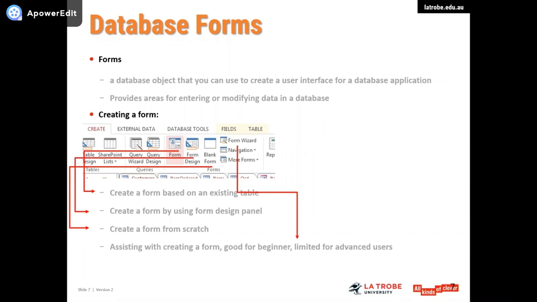A bound form is directly connected to a data source, such as a table or query, and can be used to enter, edit, or display the data from that data source. Alternatively, you can create an unbound form that does not link directly to a data source, but which still contains common buttons, labels, or other controls that you need to operate your application.